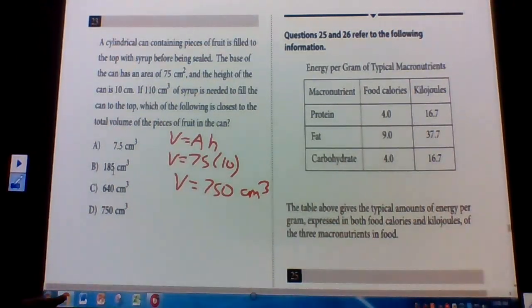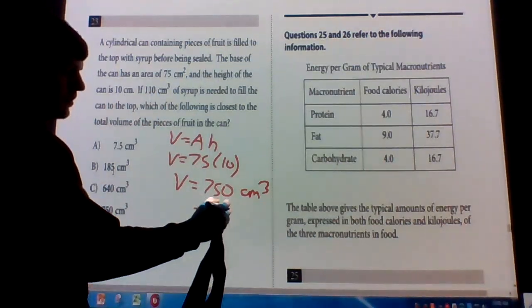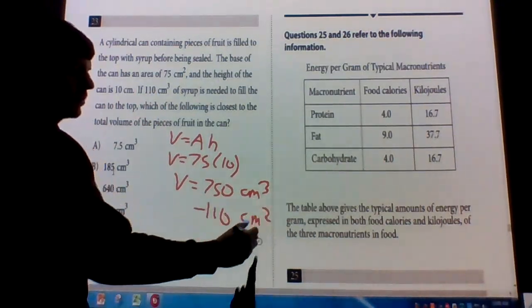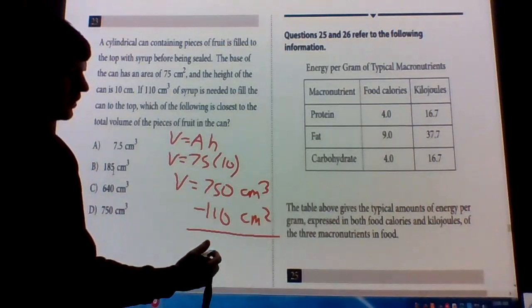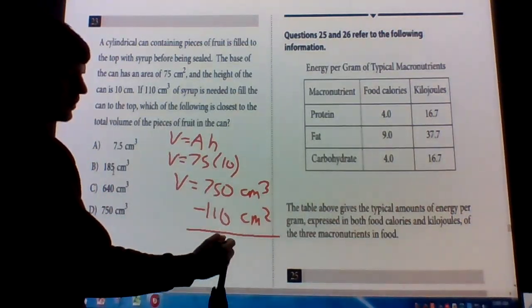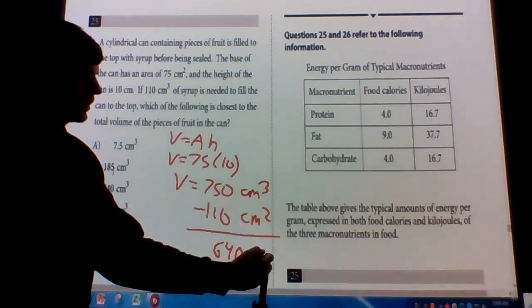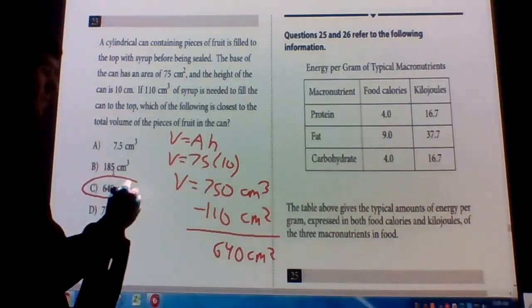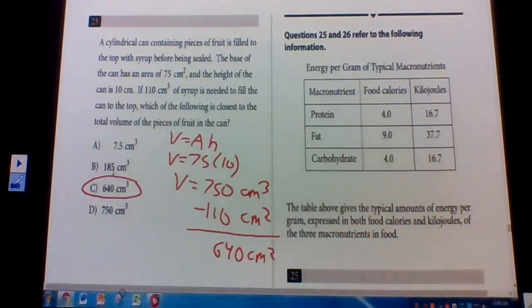So we need to know the amount of fruit. So remember, there's syrup and fruit in the can. So if we want to find the amount of fruit, we need to subtract 110 from our total. So 750 minus 110 is going to be 640 centimeters cubed of fruit, which is C. 23 should be C.